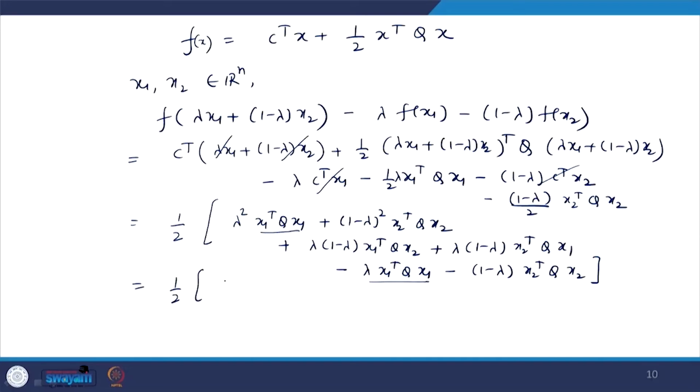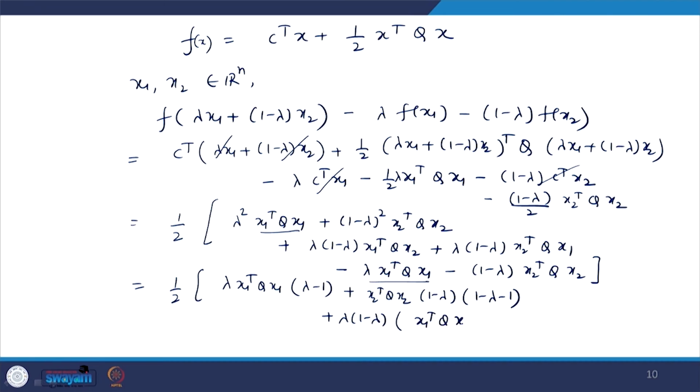Lambda is common, x1 transpose Qx1 is common, and this is left with lambda minus 1. Again from these two, x2 transpose Qx2 is common and 1 minus lambda is also common. So, it is 1 minus lambda minus 1, and leave these two terms as they are. Lambda into 1 minus lambda you can take common, x1 transpose Qx1 plus x2 transpose Qx2.